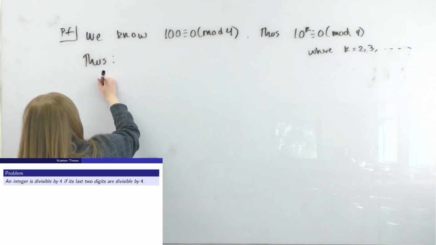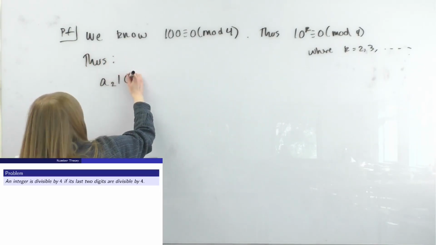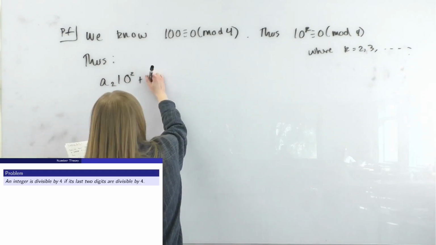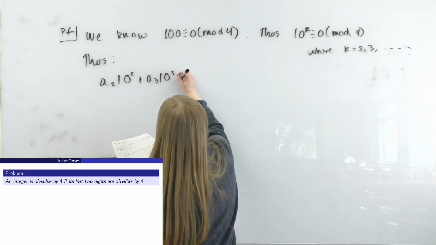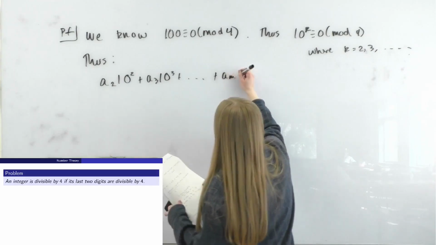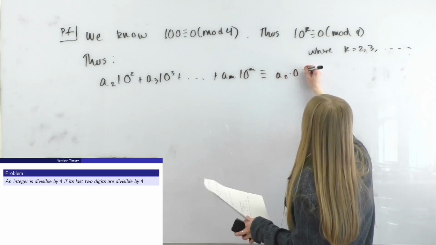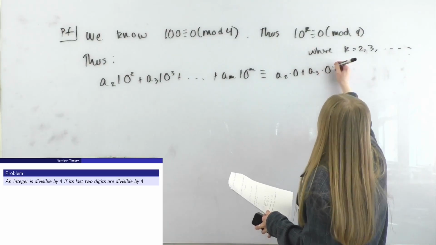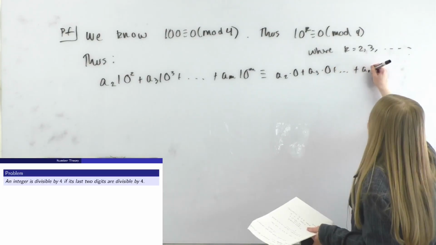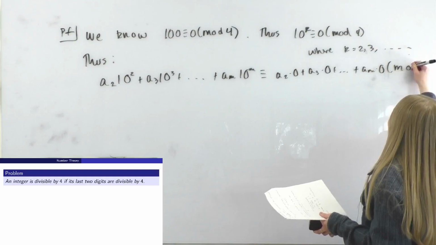Thus, a2 times 10 squared plus a3 times 10 cubed plus dot, dot, dot plus am times 10 to the m is congruent to a2 times 0 plus a3 times 0 plus dot, dot, dot plus am times 0 mod 4.